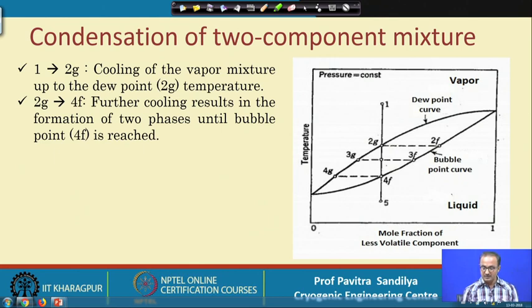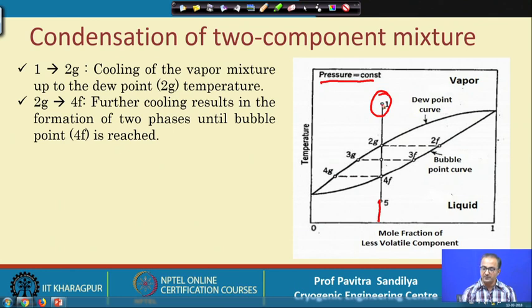Let us start with a given composition, and let us start with, say, the vapor state initially. Now, we find in this figure that this particular diagram has been made for a given pressure, and the pressure remains constant all throughout the process.